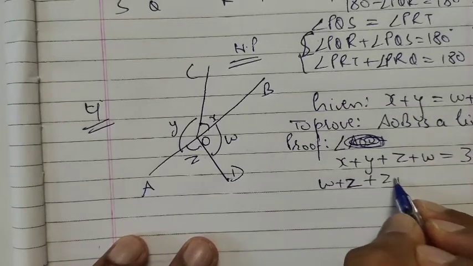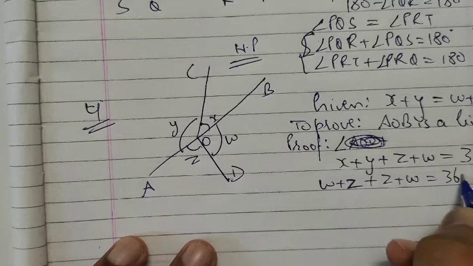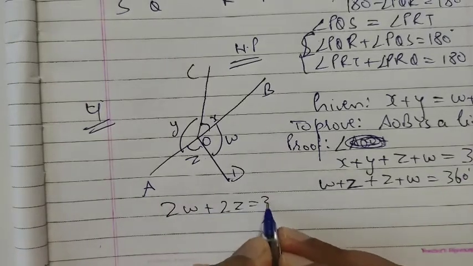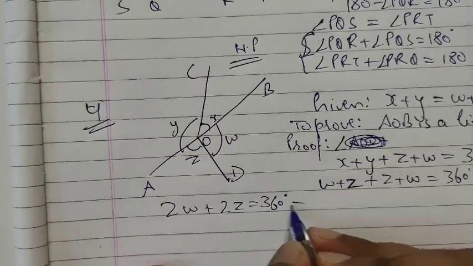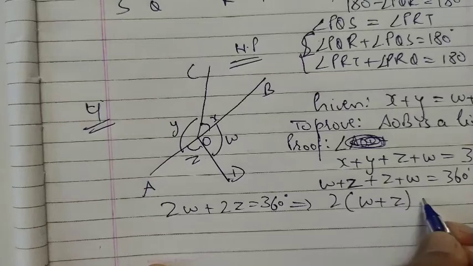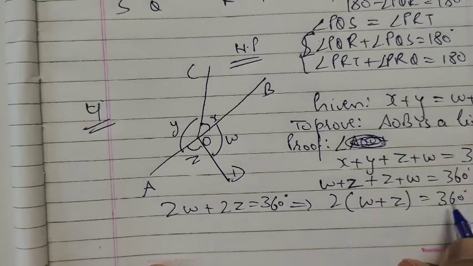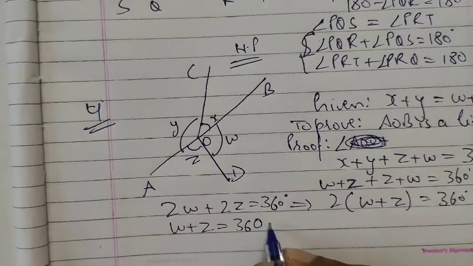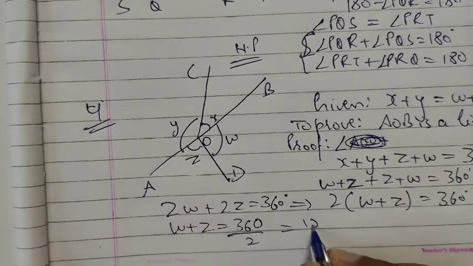So w plus z plus z plus w is equal to 360 degrees. So 2w plus 2z is equal to 360 degrees. Taking 2 common, w plus z is equal to 360 upon 2, which is 180.